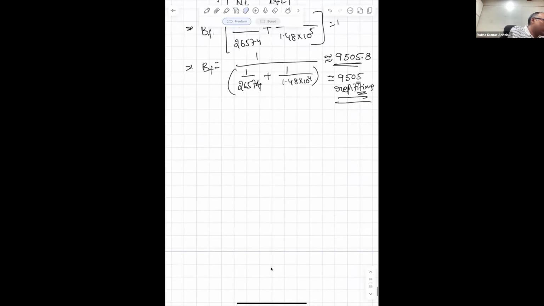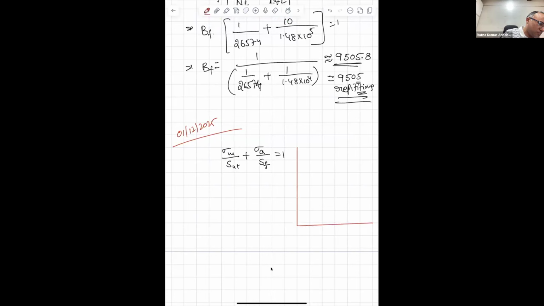If I have to redo that for you, for this particular figure, that is my SF, that is my SUT, and this is sigma M, and that is my sigma A axis.